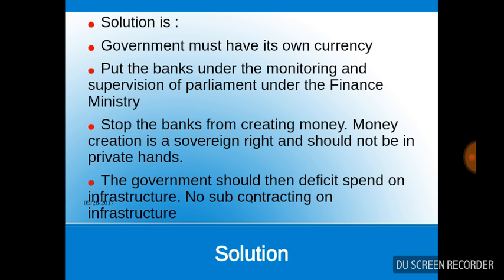The government should then deficit spend on infrastructure, and they should preferably not subcontract on infrastructure. Government must build the infrastructure. There should be no PPPs, public-private partnerships, stuff like that. They should just go ahead and do the infrastructure.